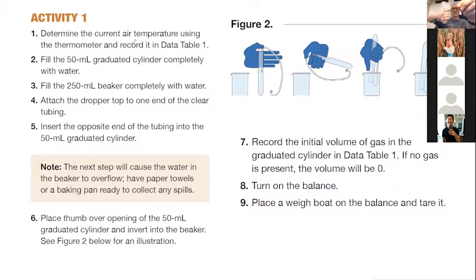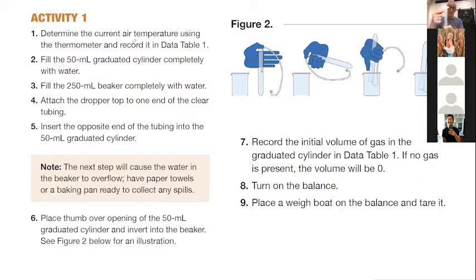And then this will be coming out, and we're going to be putting this into the little bottle where we're going to put our yeast and our hydrogen peroxide. If it's not completely filled with water, there's going to be some volume on here. Let's say it's like 5 mils.